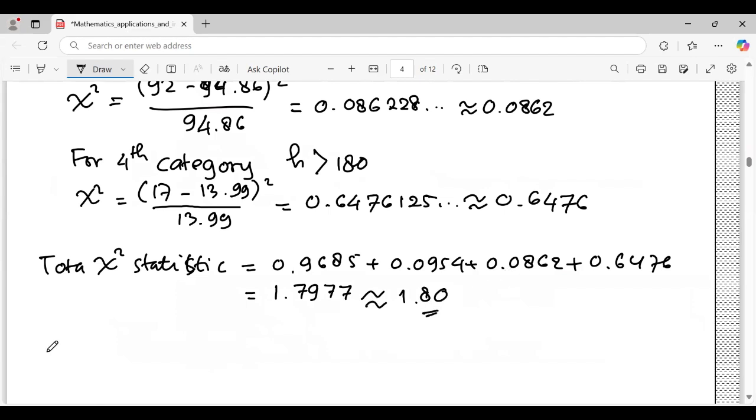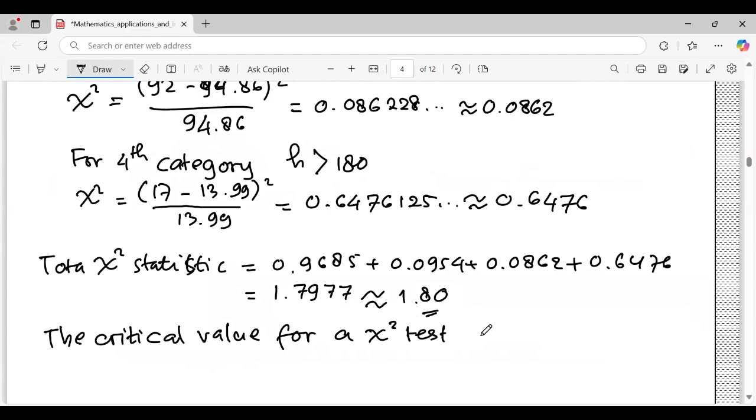Okay. So now the critical value for a chi-squared test with degrees of freedom df equal 3 and alpha level of significance equal 5%.